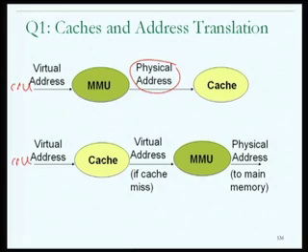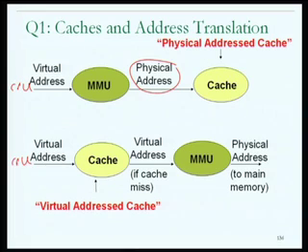So these are the two kinds of caches we might expect to find. I referred to the upper kind as a physical addressed cache because it is organized based on physical addresses. The cache hardware is organized to take in physical addresses. And the second, the lower possibility, is what I refer to as a virtual addressed cache.